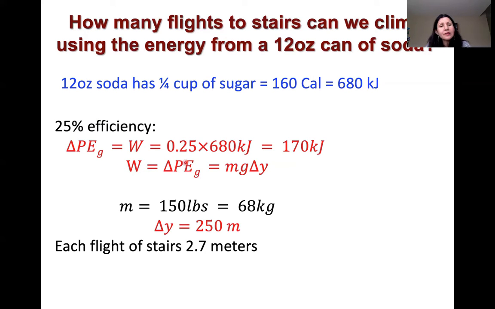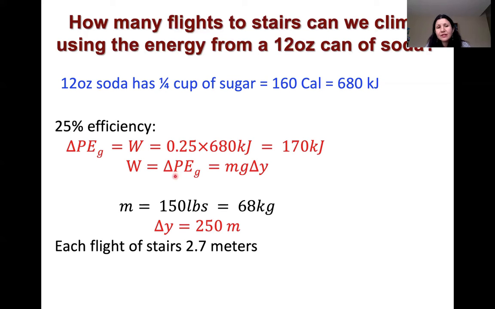And then the work will be the change in gravitational potential energy as you move up the stairs. So what we really want to calculate is, given this amount of energy that's available to us, how high can you go? Let's assume a standard mass for a person, 150 pounds, which converts to 68 kilograms. So you plug that in for mass.